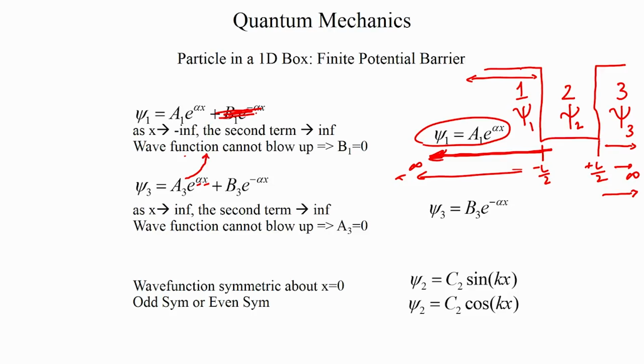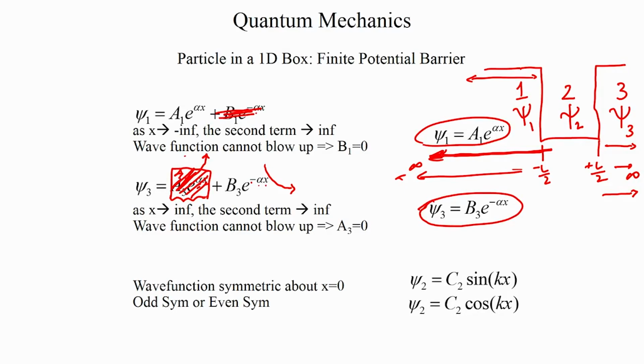Here you have a negative sign and alpha is positive and you're increasing x from L by 2 to infinity, therefore this term starts dying out. Since you cannot allow the wave function to blow up, this component cannot exist. Therefore in region 3 the wave function must take a form that looks like this.